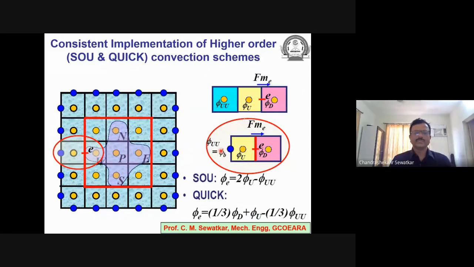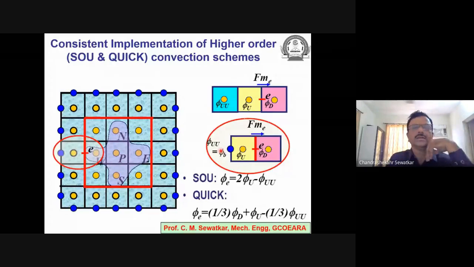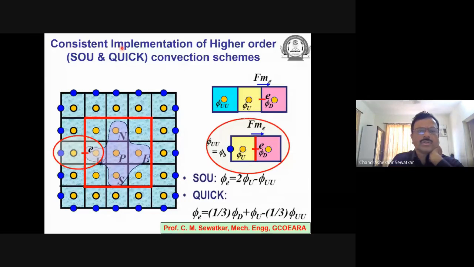Let's go ahead with the implementation part further. I'll be talking about the consistent implementation of higher order convection scheme, that is SOU and QUICK. This is our cell, which is controlled by the red line there.